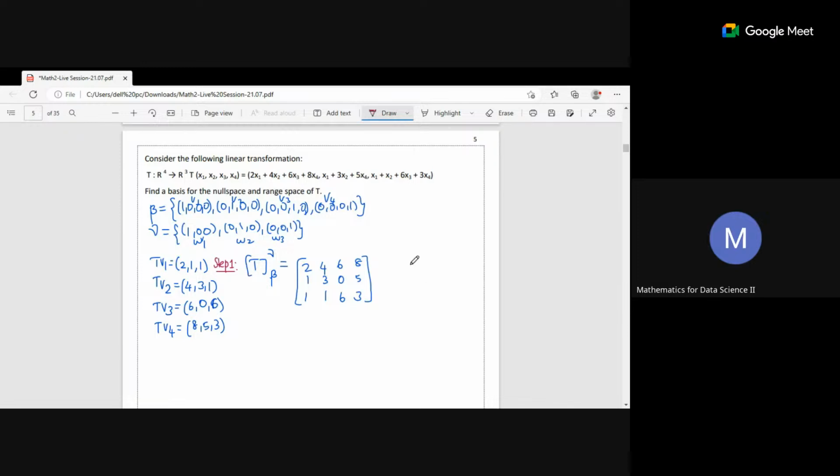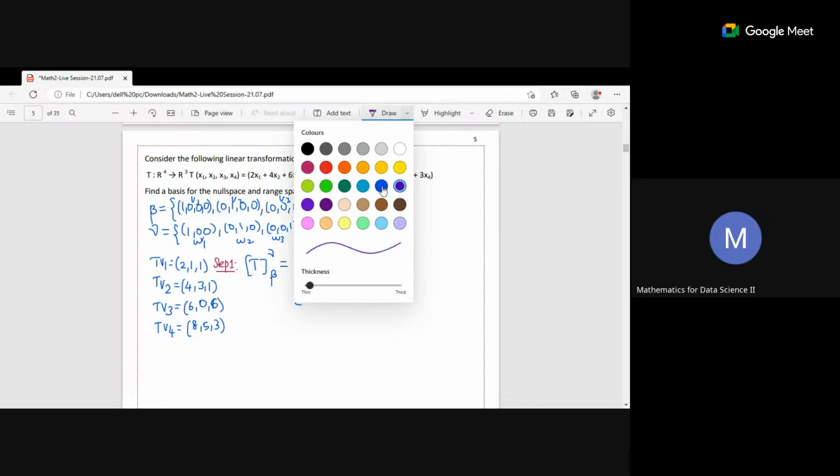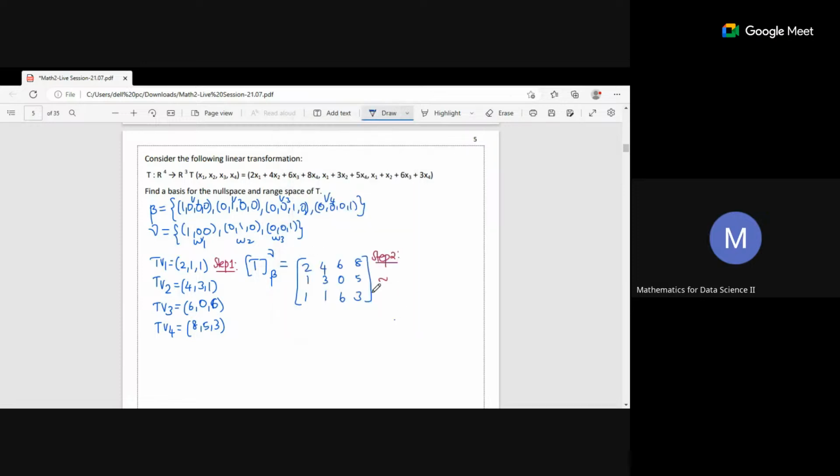Okay. Now step 2 is we have to find the reduced row echelon form. For finding the reduced row echelon form, you can do any kind of row operation. Maybe I start with R3 going to R3 minus R2.